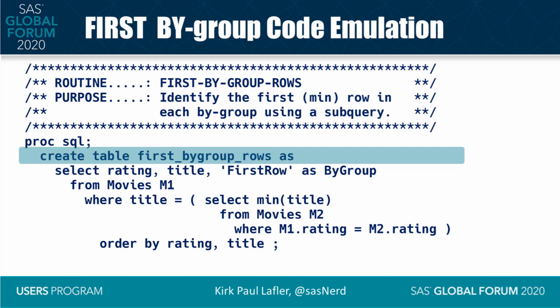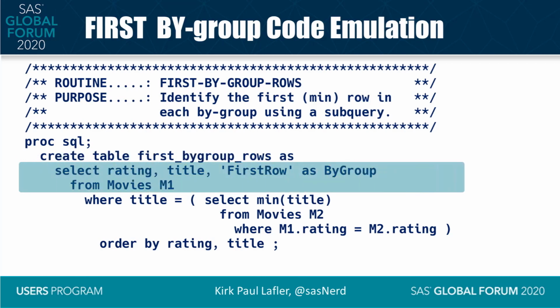I'm going to select the columns of interest, in this case rating, a categorical variable, as well as the movie title. And I'm going to dynamically create a variable, and I'm going to assign it a value of first row. Now this dynamically created variable is going to be called by group.